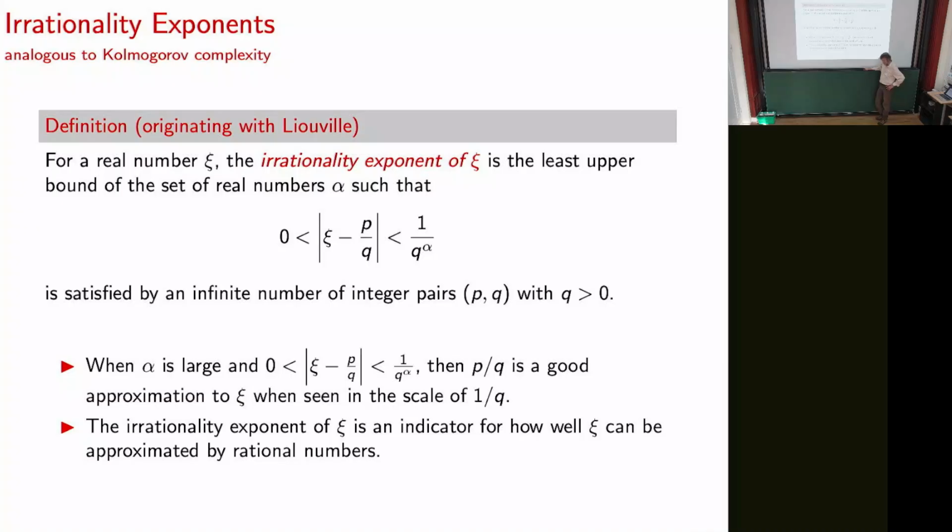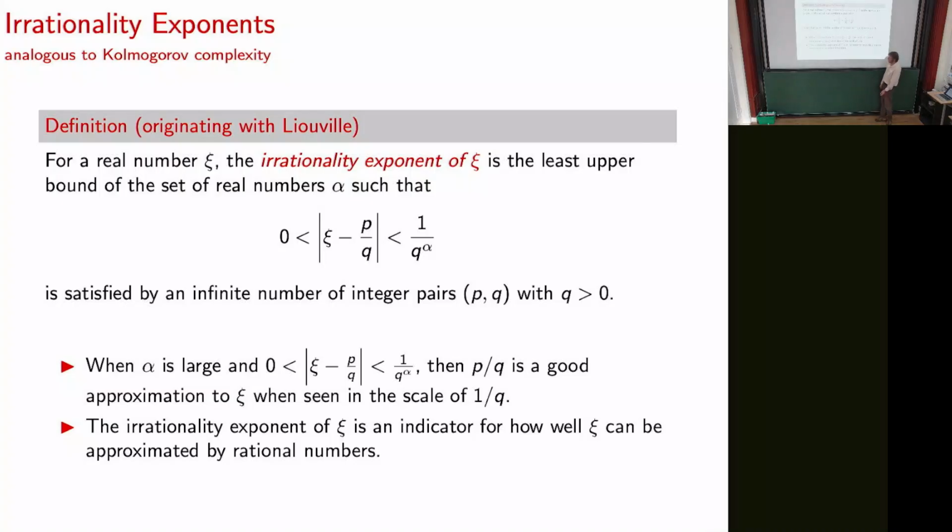The information in p is on the order of log q, because p is some number between 0 and q minus 1. So p over q is represented in terms of information by something like 2 log q. And what information do you get out of this inequality for C? Well, you get alpha log q, because you're getting alpha many digits in the base q representation.